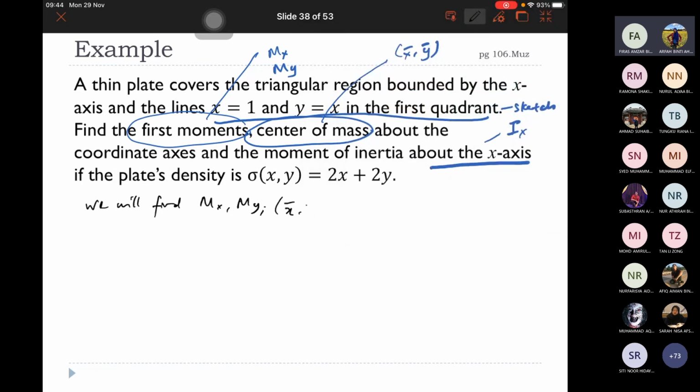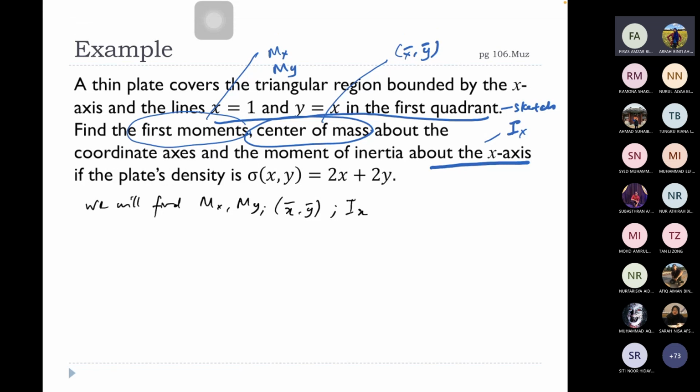Okay. x bar, y bar dan lagi satu adalah inertia about the x-axis, Ix. So given x equal to 1. Okay, y sama dengan x. Located in the first quadrant.